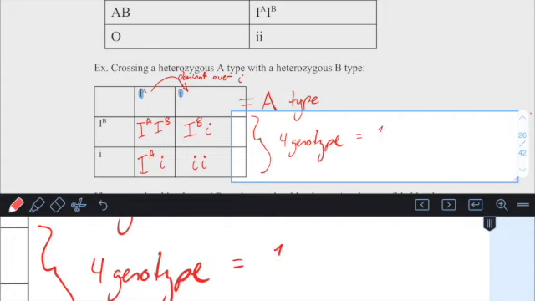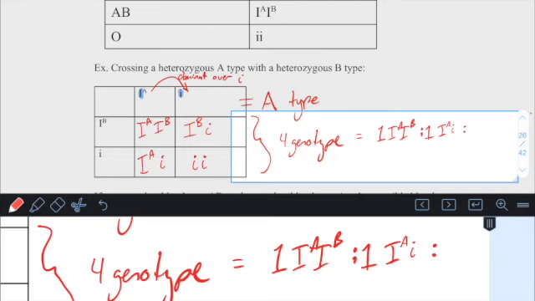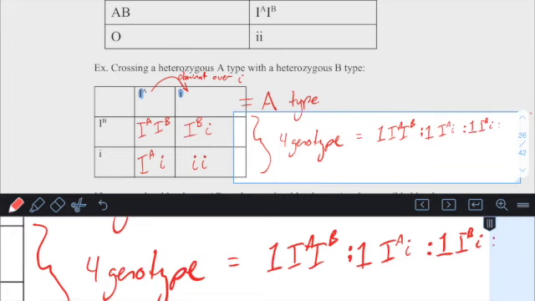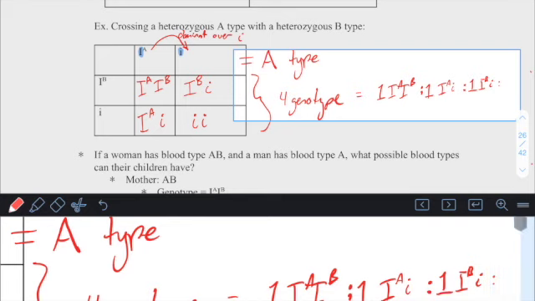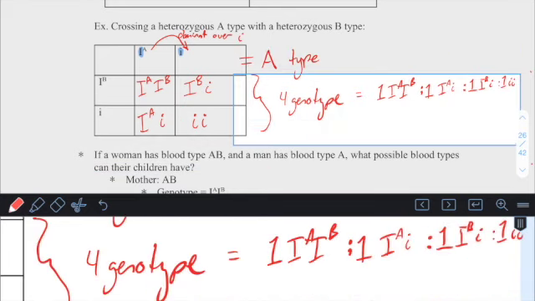This is a new ratio. We have 1 codominant pair to 1 dominant A to 1 dominant B, all the way to 1 homozygous recessive.